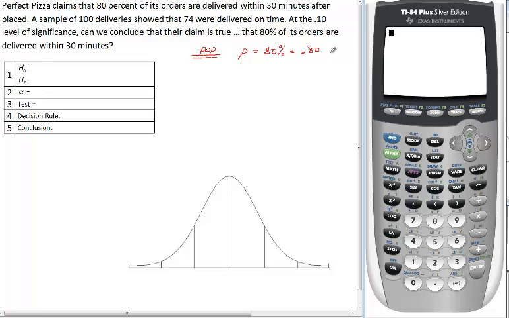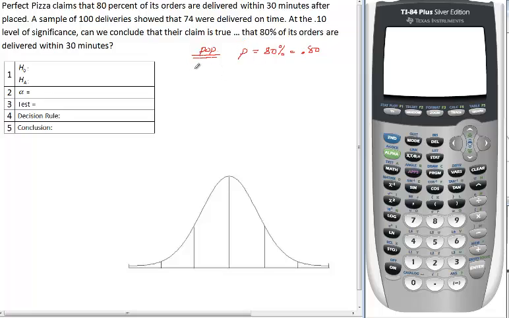Okay. Now, nothing else is given about the population, is there? Also, don't forget now, in the book or other teachers may be using the symbol pi for the population proportion. Okay. I use just a lowercase p.